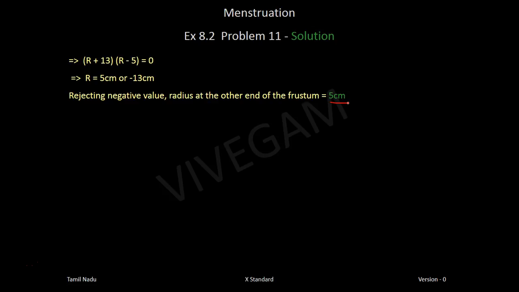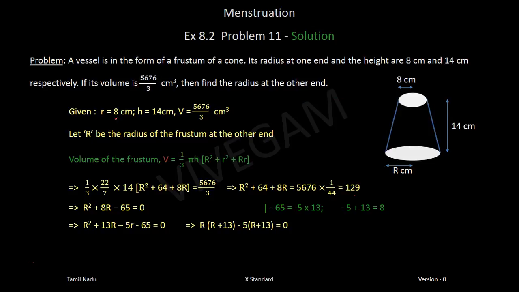Please note, we assumed it to be the bigger side, but it turns out to be the smaller side. But nothing to worry, we'll have to make an assumption and start. Are you able to get my point? Otherwise, let's go back. Here we assumed it to be small r.